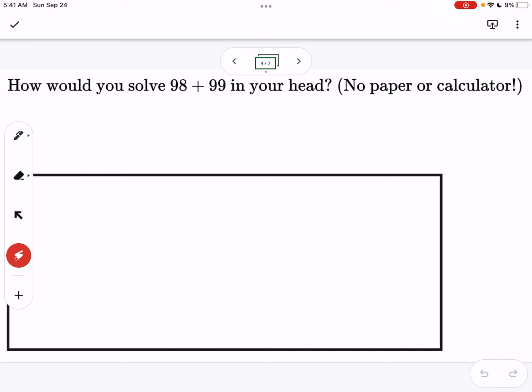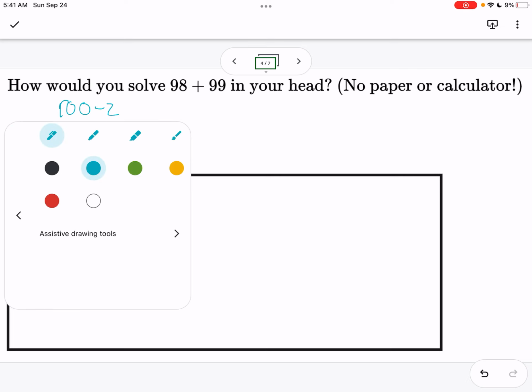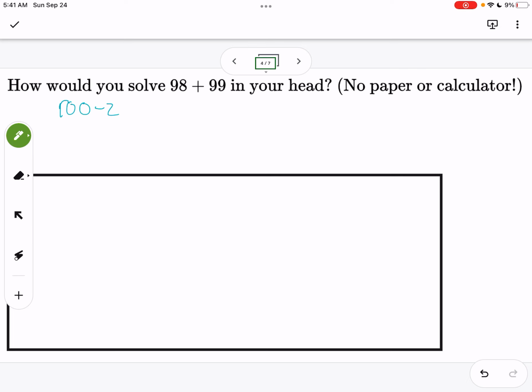But there's an easier way. We can write 98 as 100 minus 2, and we can add that to 99, which is 100 minus 1.